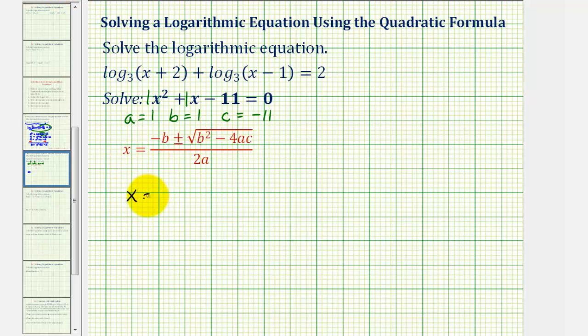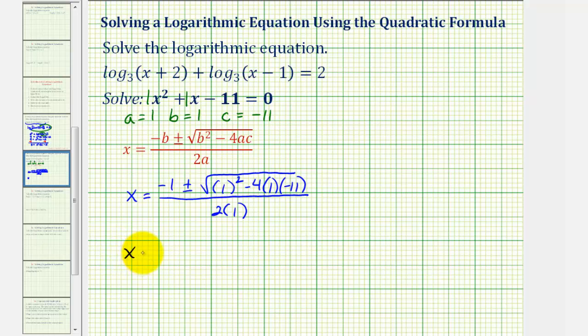So we'll have x equals negative b, or negative 1, plus or minus the square root of b squared, or 1 squared, minus 4 times a, which is 1, times c, which is negative 11. This is all divided by 2 times a, or in this case 2 times 1.